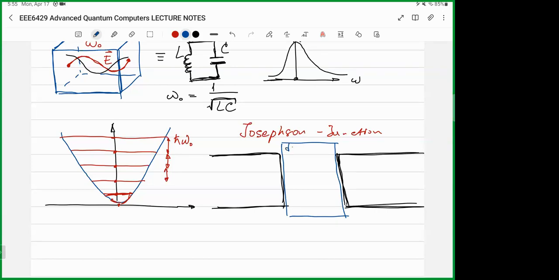So this is dielectric. Dielectric means it doesn't conduct electricity, right? So no current through.